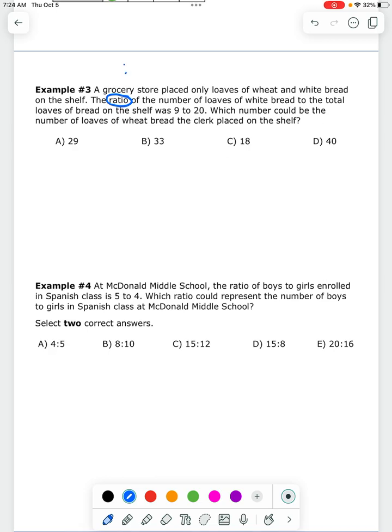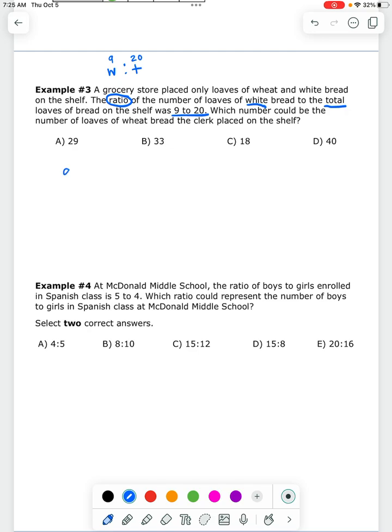Okay, so we need our dots. It says white to the total. So it's going to be white bread to the total. And that was 9:20. Okay. So I know I have 9 white.